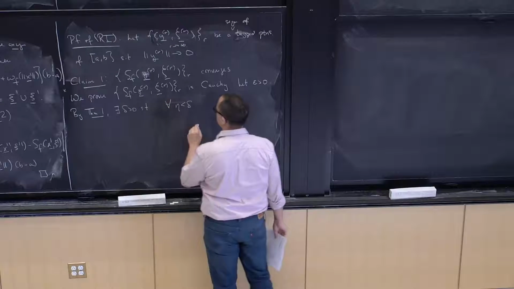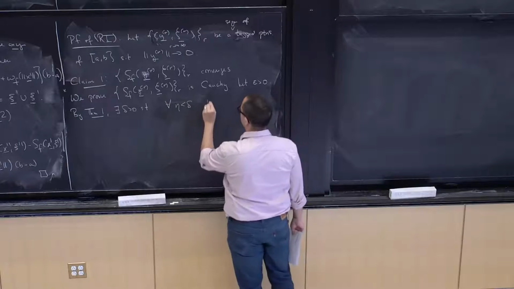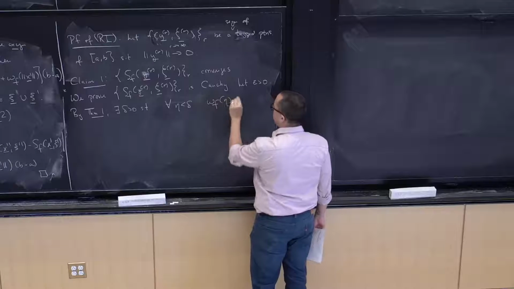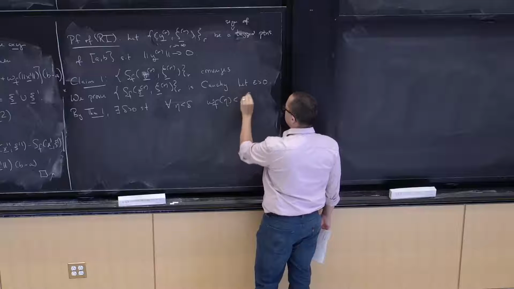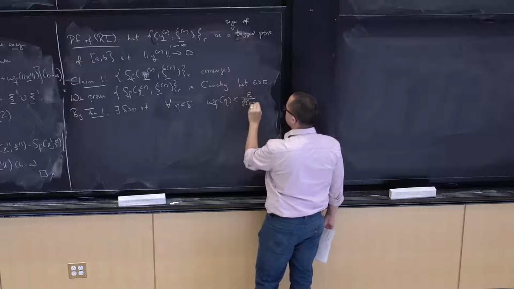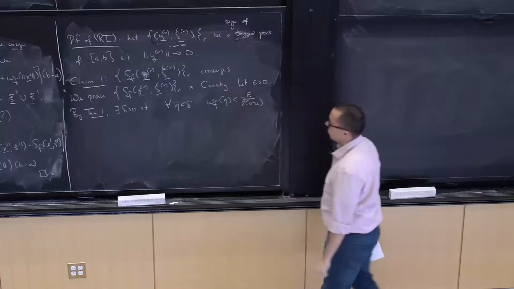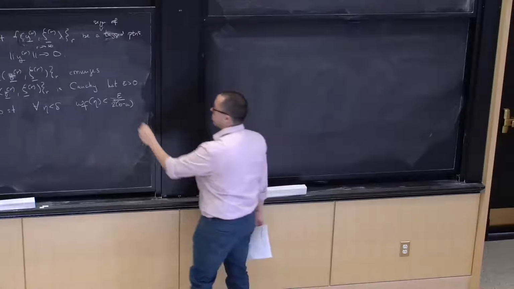So for all eta less than delta, omega f of eta is less than epsilon over 2 times b minus a. Okay, let me put a star by this guy.